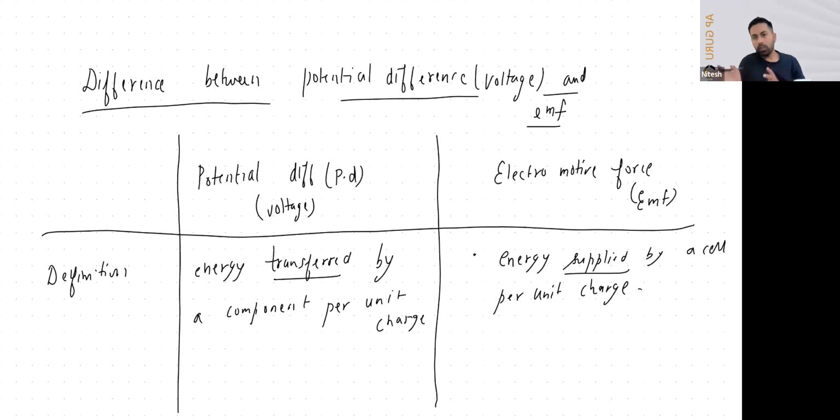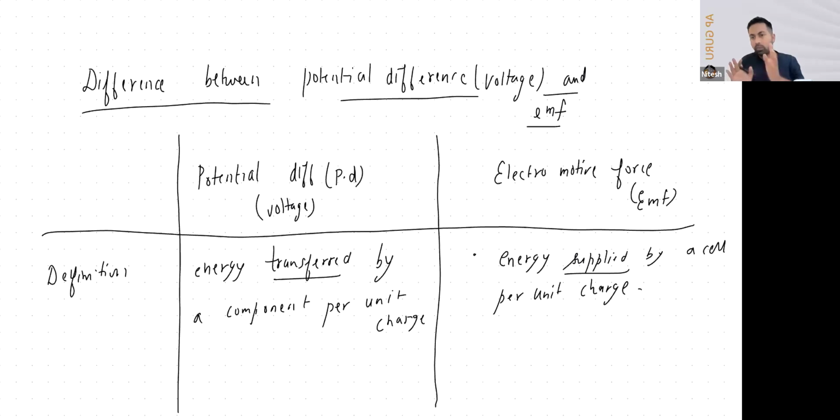The 100 was given to you. Out of that, only $70 can be used by the other members of the family, and $30 is occupied by you. Now, what has been given to you is your EMF. What you have used for the family after taking your part, that is potential difference.